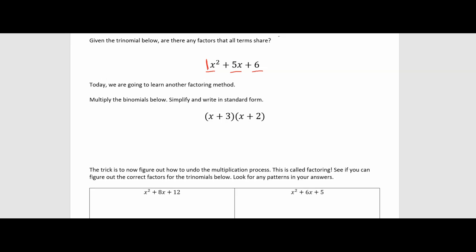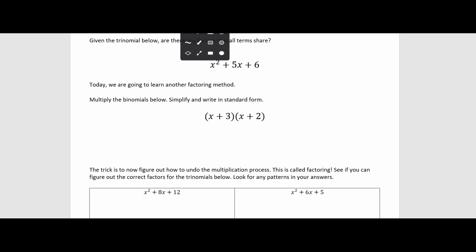Well, we could put a 1 in front of the x squared, but because 1 is the largest number, the greatest common factor could be no higher than 1, right? It doesn't really help us just factor out a 1 because that's not going to change anything. So there is no good way to use the greatest common factor method here because the greatest common factor of those three terms is 1. So we need another way to factor, and that's what we're going to look at.